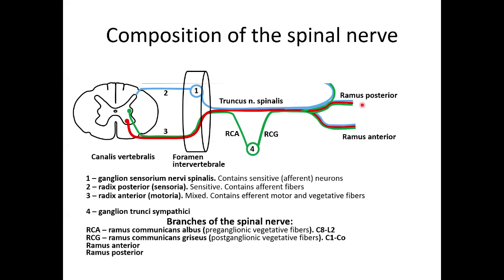And the third ramus is this interesting one. You can see that this third ramus is ramus meningeus. Ramus meningeus or ramus recurrens. Recurrence, what does it mean? It returns back to the internal part of the spine, that means in the spinal canal, vertebral canal, canalis vertebralis.